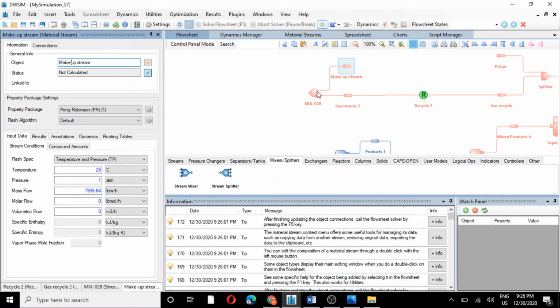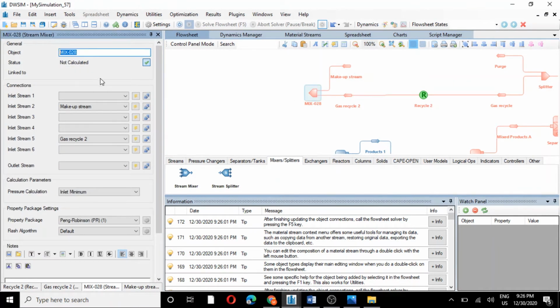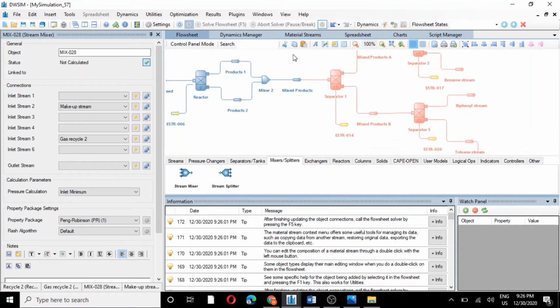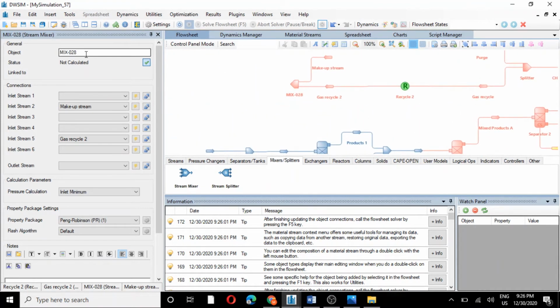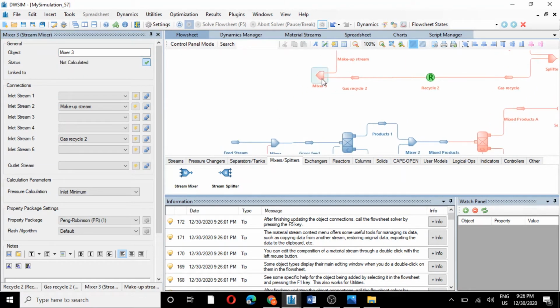Enter, and this one is our mixer 3. And we have an outlet stream.